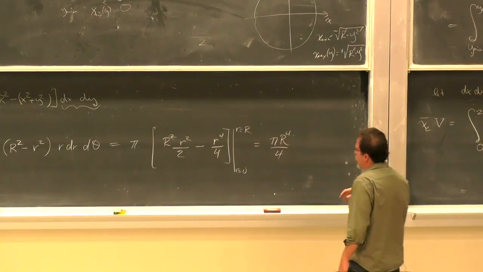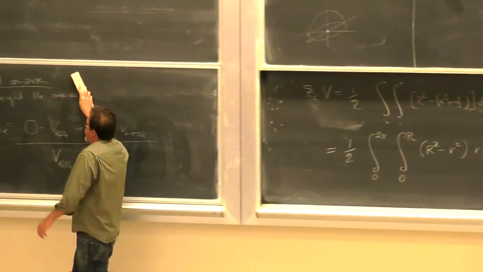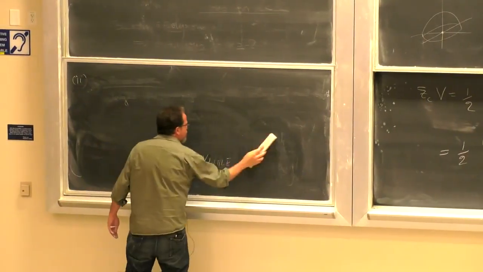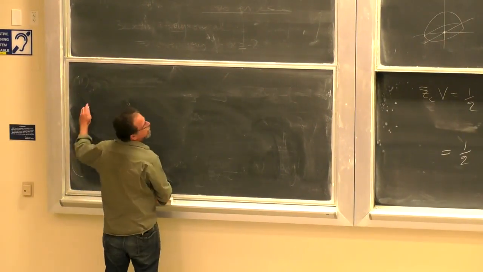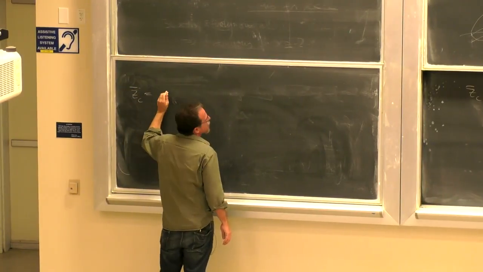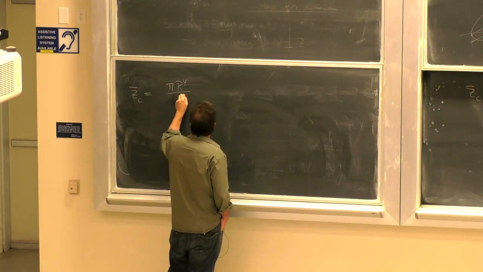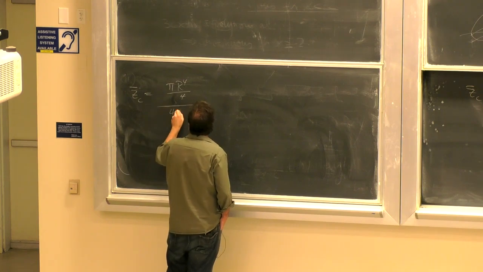So I have to divide that by the total volume. And so now I can see that the z component of the centroid is equal to pi R to the 4th over 4, divided by 4 pi R cubed over 6.